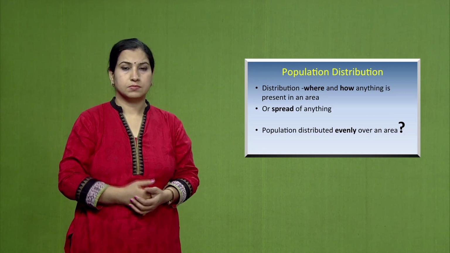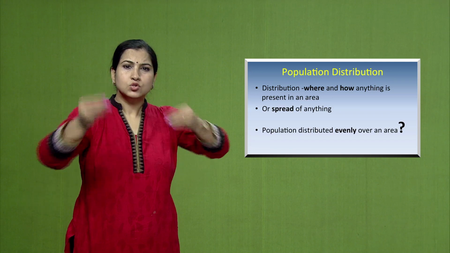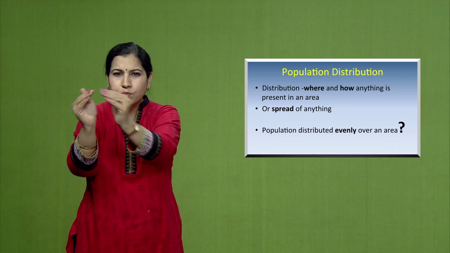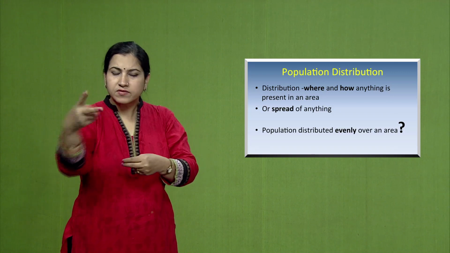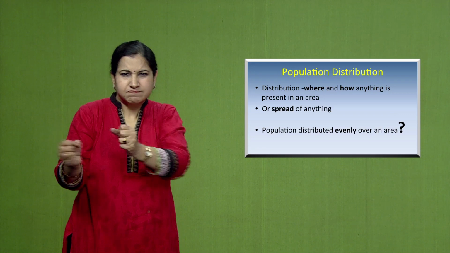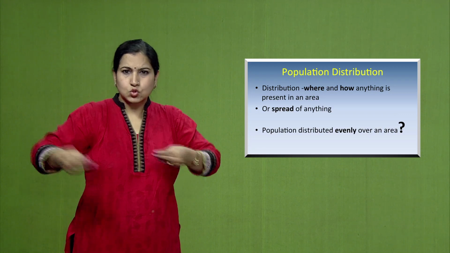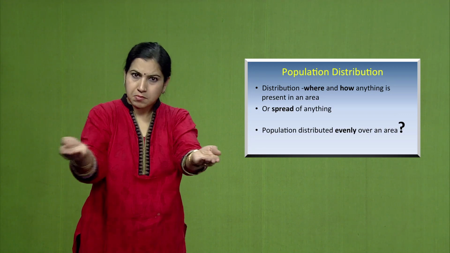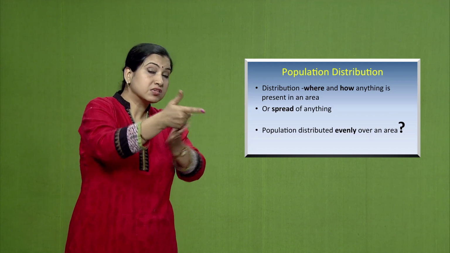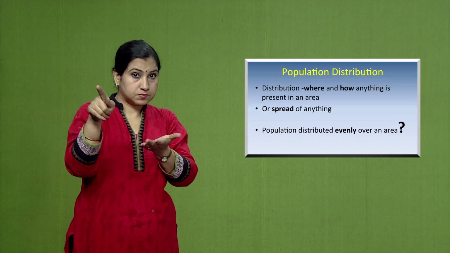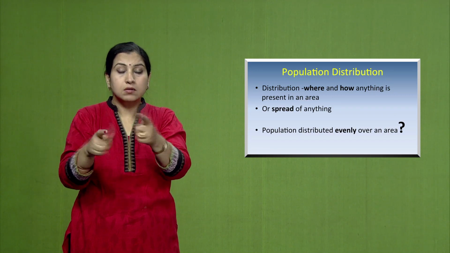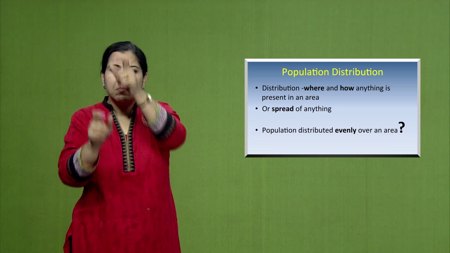If you visit a market area, you can find small houses and shops located very close to each other in a compact manner. There must be areas towards the outer side of your village or town where very less number of houses are present and few people live there.